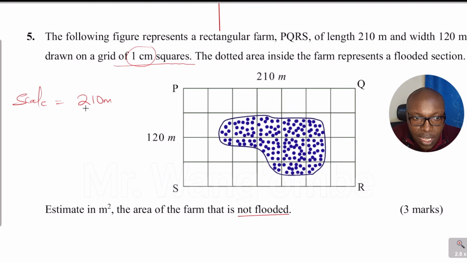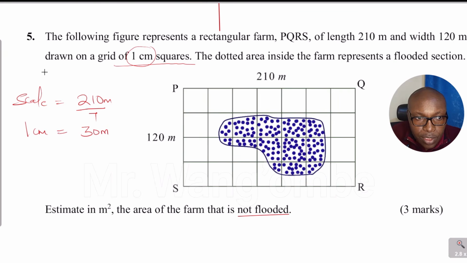There are 7 squares that measure 1 centimeter each. So by taking 210 meters, I divide by the number of squares along that length, and I'll be able to know what 1 centimeter represents. It is 210 divided by 7, which will give 30 meters.